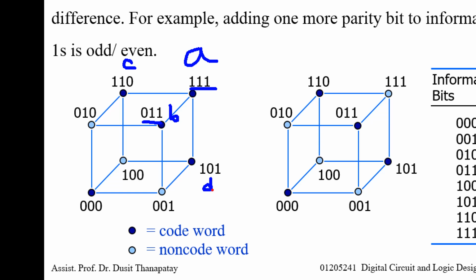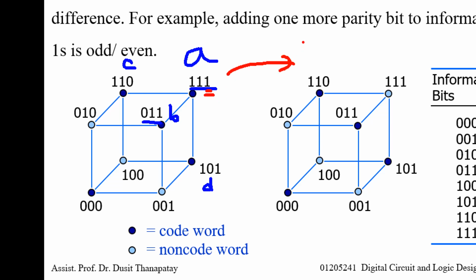If I want to send this code to represent A, 111, and some noise occurs, what happens? If 1 bit is in error, if this bit is in error, the receiver sees 110, right?